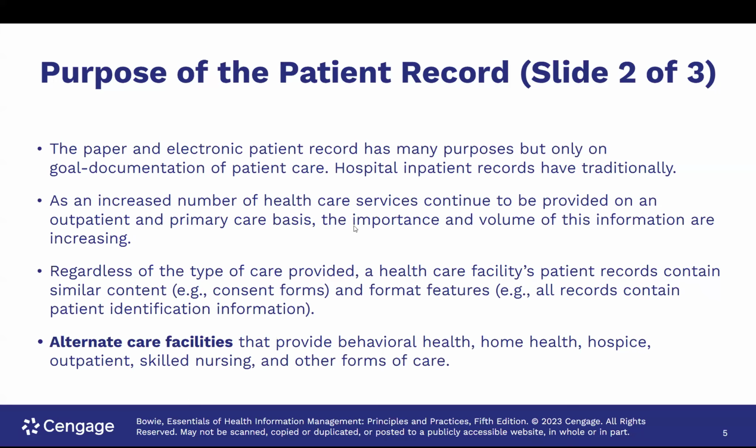Of course, the focus is going to be a little bit different depending on what type of facility the patient's seen in. Alternative care facilities, such as a psychiatric facility, will focus more on mental health. Hospice will talk about palliative care and so on.